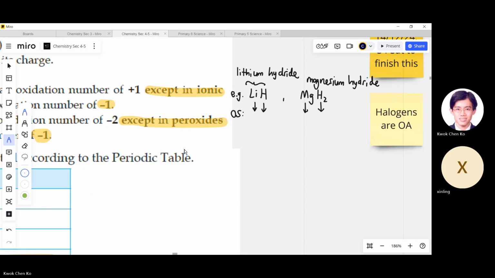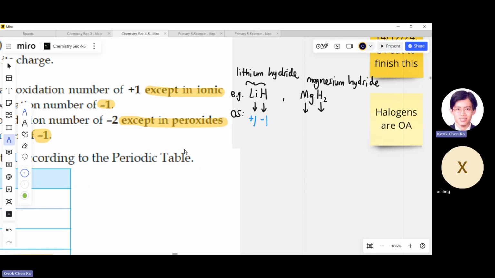OS for lithium? Good. Group 1 element in a compound, so it's +1. And since I told you it's a hydride, H is -1.